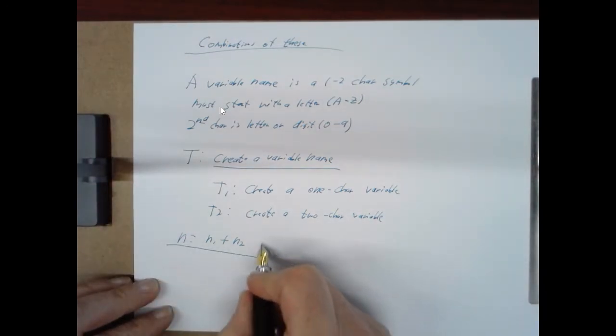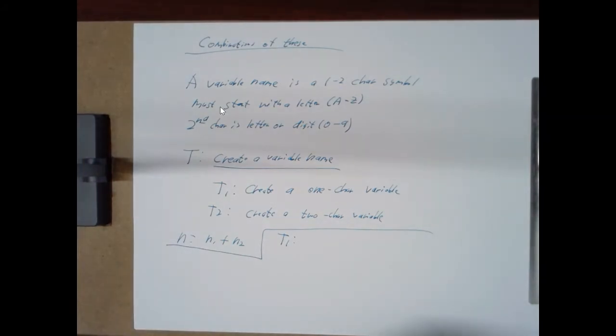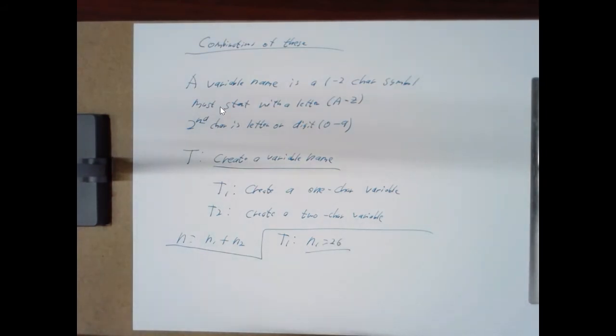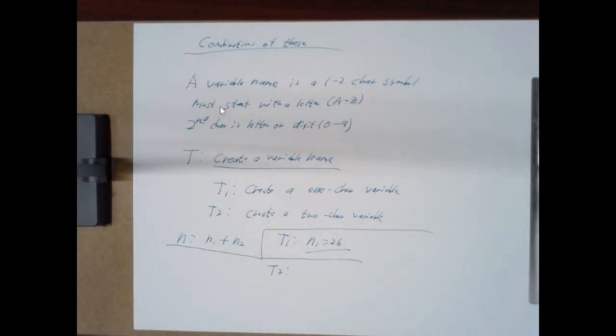Well, let's look at T1. How many 1 character variables can we come up with? 26, right? It's got to be something that starts with a letter. So that's just 26 possibilities. But for T2, we're trying to create a 2 character variable.